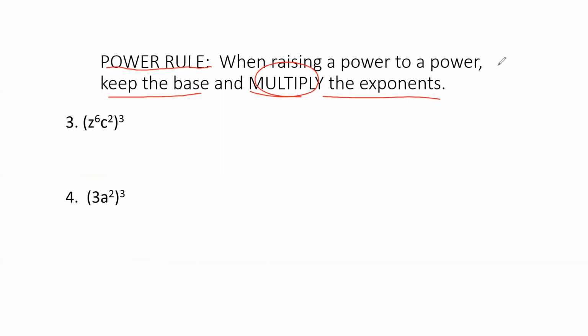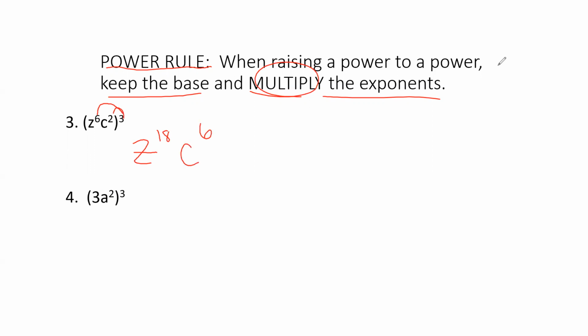So we need to multiply the exponents. We're going to distribute that outside 3 into every exponent inside the parentheses. So 3 times 6, 18. 3 times 2, 6.